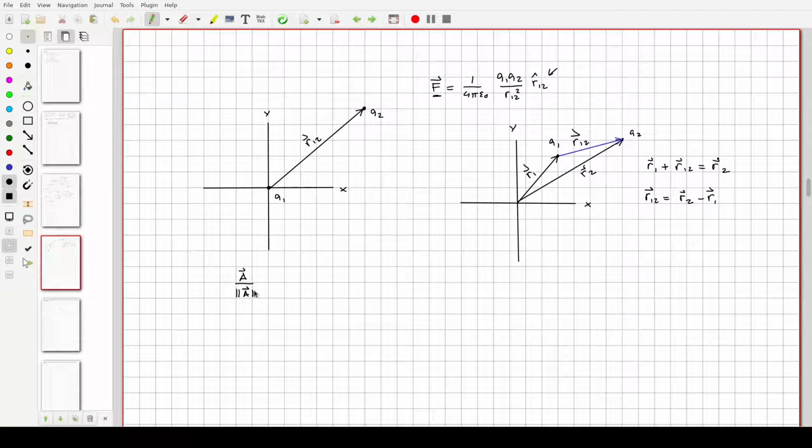So this you could call a unit vector. Here you can write R12, the unit vector, as R2 minus R1 divided by, we're going to use 2 bars here just to be consistent, R2 minus R1, its length, whatever that is.